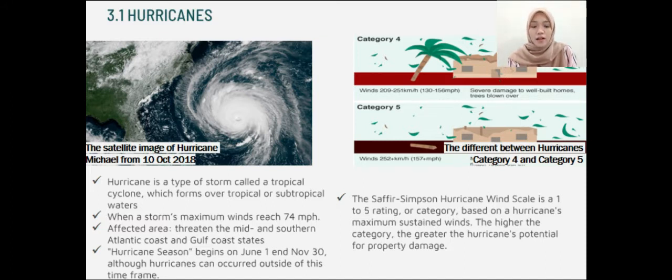Category 4 causes severe damage, whereby well-built homes will be damaged and trees will be blown over. However, the highest stage, Category 5, can cause even more damage, where buildings will be destroyed and roads will be cut off. Therefore, the higher the category, the higher the hurricane's potential for property damage.